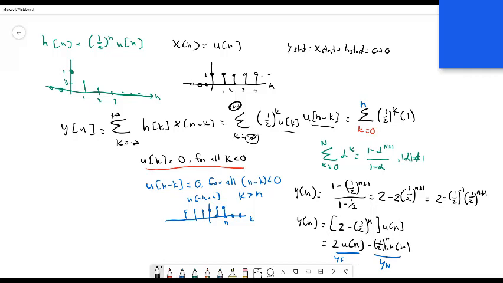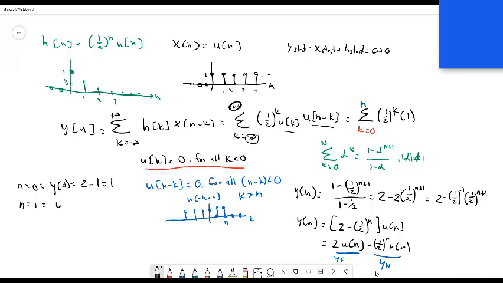And if we plugged in n equals 0 to compute what is y of 0 in that equation, it would be 2 minus 1/2 to the n, which is 1, which matches our numerical answer.